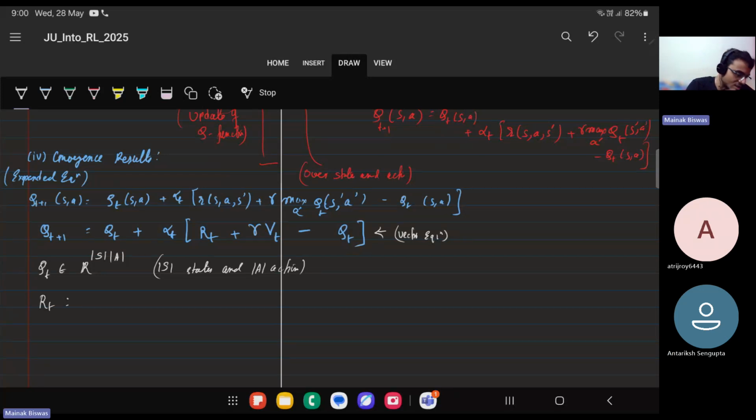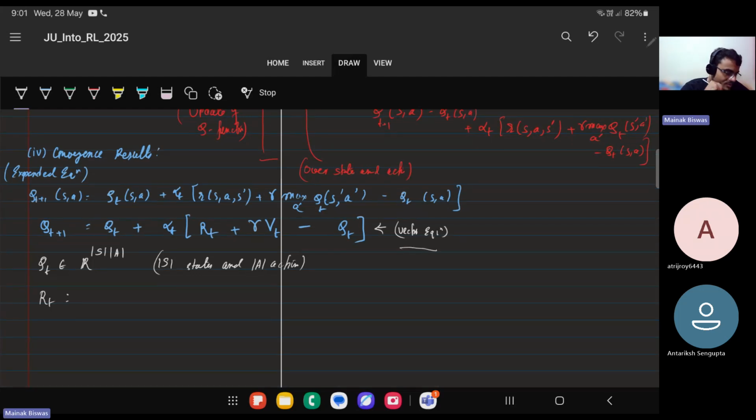If it's a vector, it's always one column. In a vector equation, all dimensions must be the same. Therefore Rt has to be in R to the power S A.